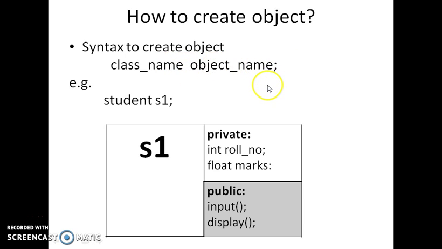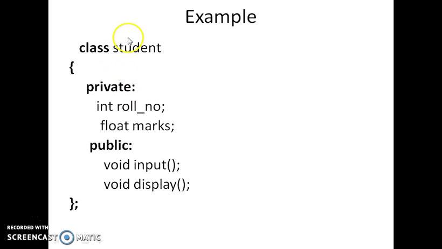If you remember the example integer x, similarly now I can write student s1. Why can we do this? Because we have already defined what this student means. Here we have defined that student means there will be two data members in the data type student.